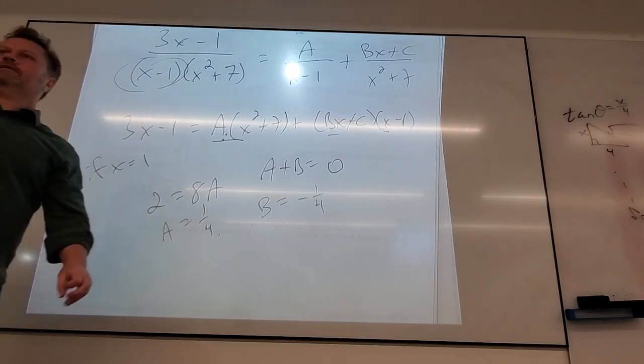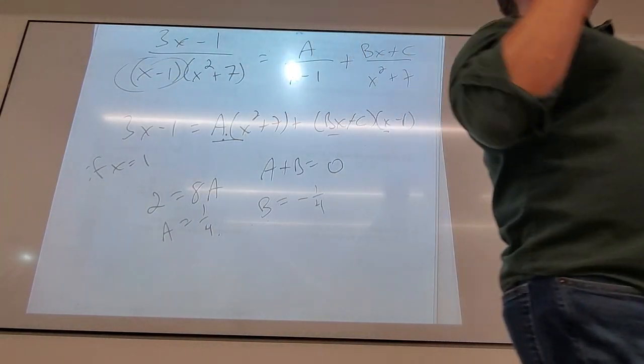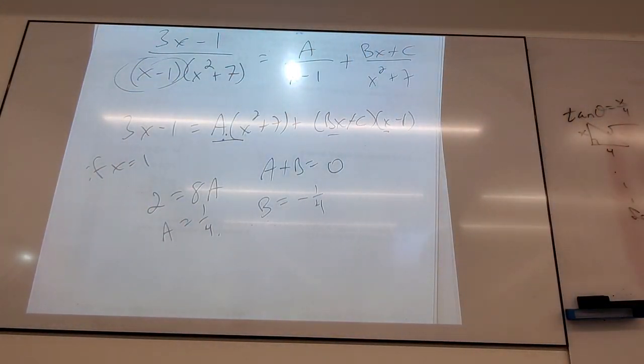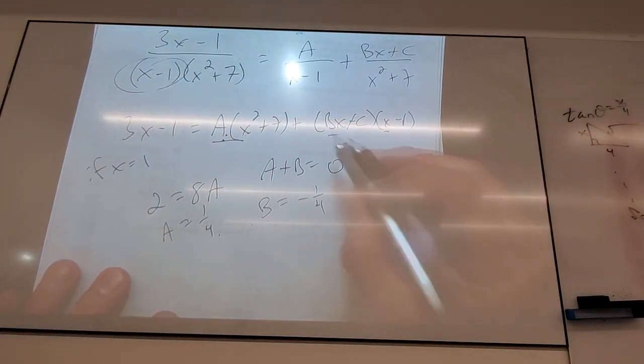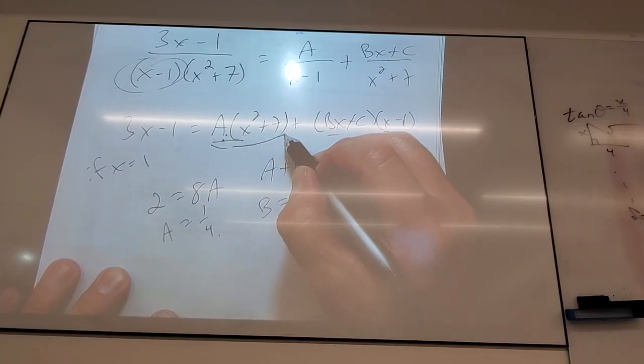What's the easiest thing that c is involved in? It's in with b. I really want you guys to see that. What's the constant term from this one? 7a, right?